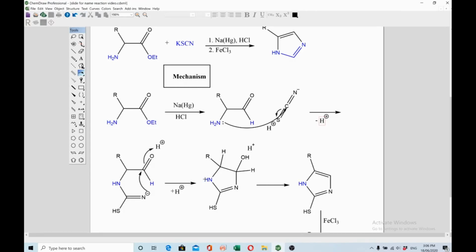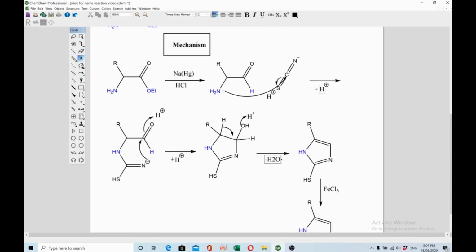And in the next step, this bond is broken, dehydration takes place, and the free lone pair of oxygen takes a proton and leaves as a water molecule. So the water is removed, minus H2O, and an imidazole ring is formed.